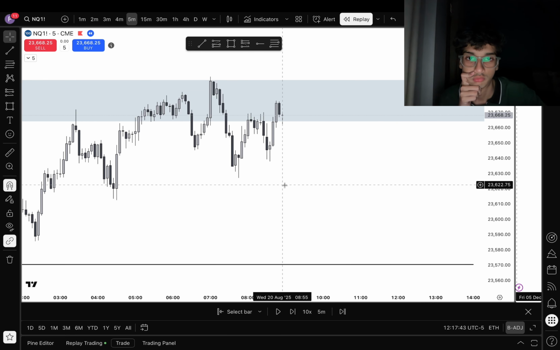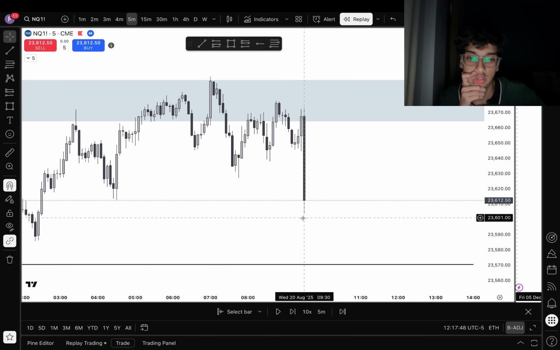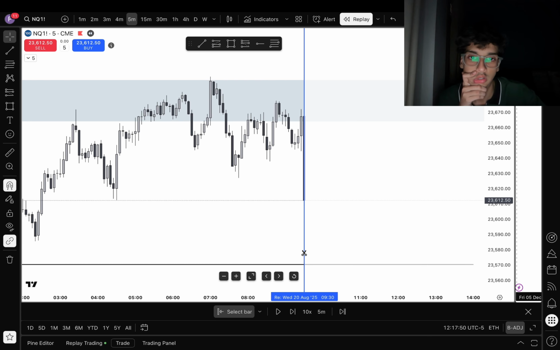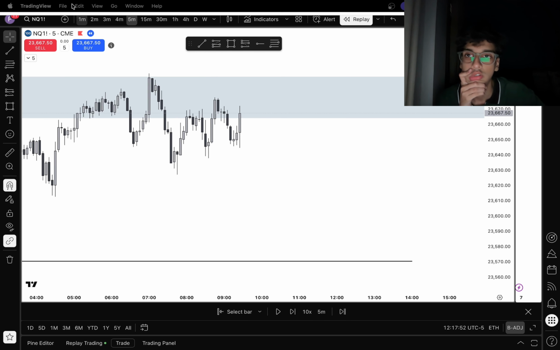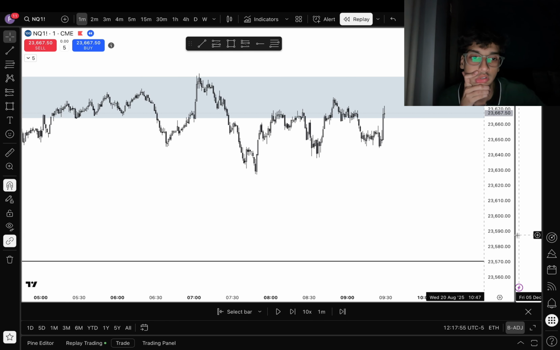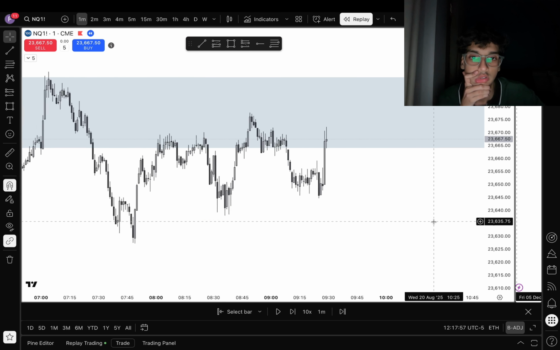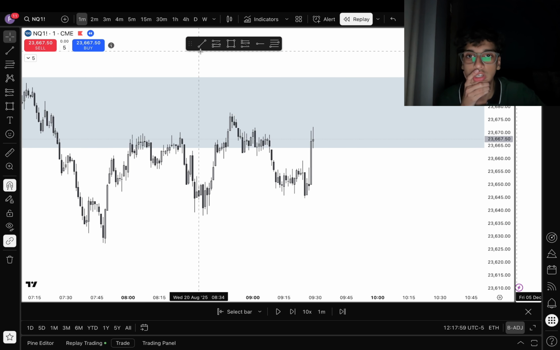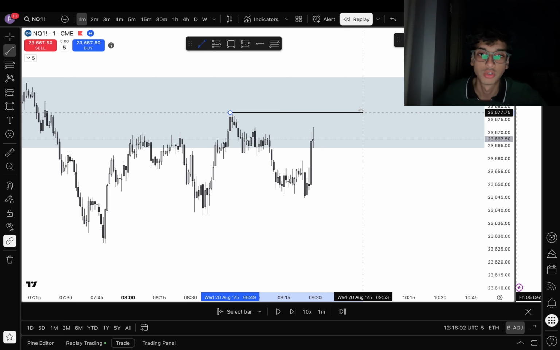Okay, yeah, this is the move, I think. Either price should again take that buy side liquidity, then I'm looking for shorts.